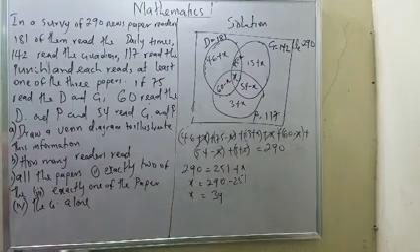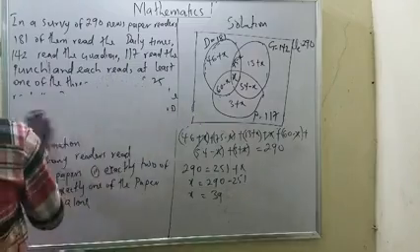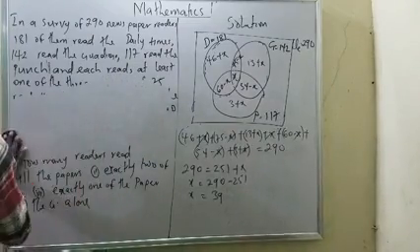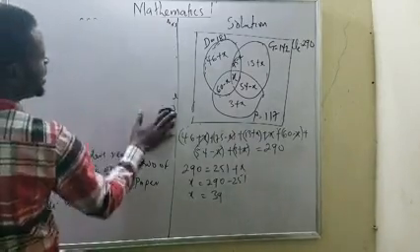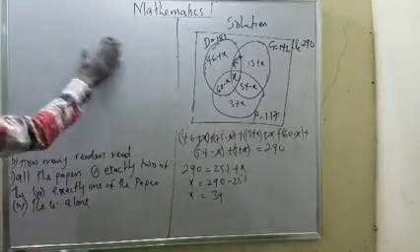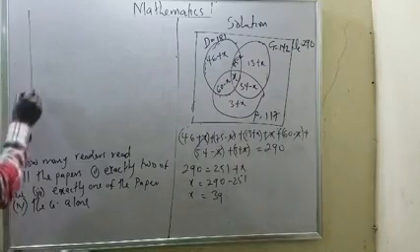Now, how do I solve the question? With what is on ground, I can redraw my Venn diagram since my X is given. I can redraw it by having something like this.